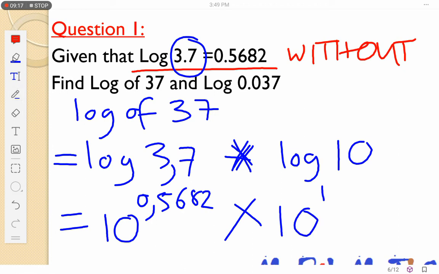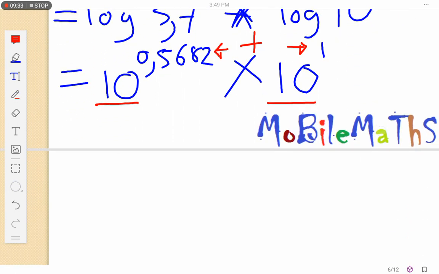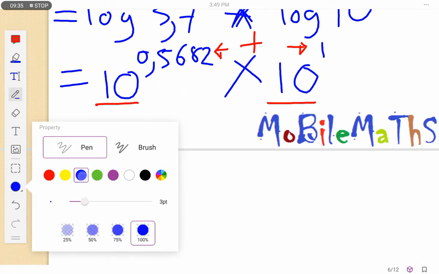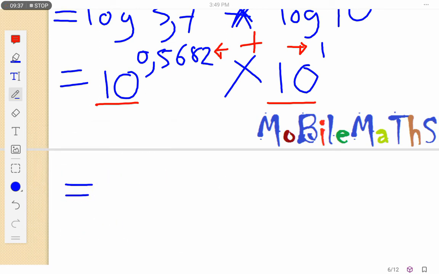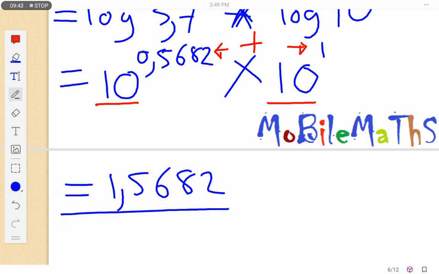Then because of the law that I was showing you earlier on, the same base, it means we add these powers. Adding the powers now, our log 37 becomes 1.5682. Okay, that's the value.